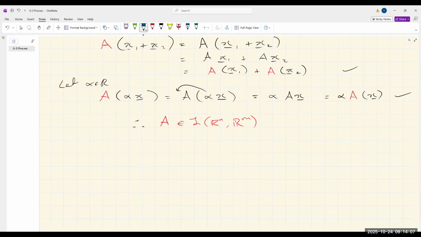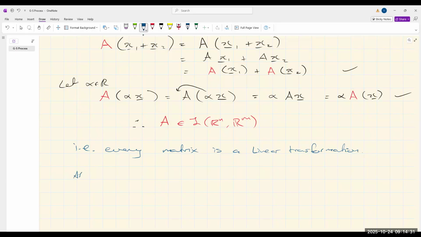Okay, so what we showed here is that every matrix is a linear transformation. What is the transformation? It's left multiplication by that matrix.